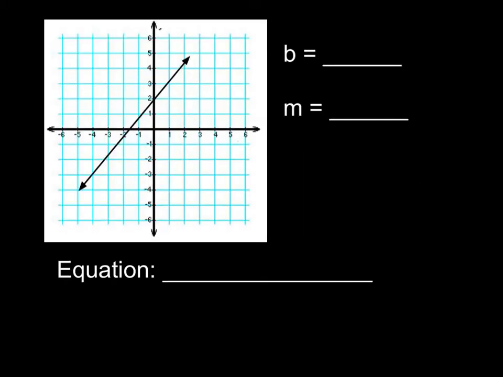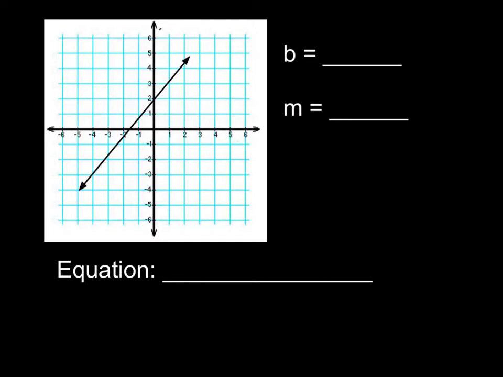Here's our first example. We're going to write the equation in slope-intercept form for this line. You see our line? Here's everything we need. Remember that the letter b stands for the y-intercept, and we already know that m stands for the slope.